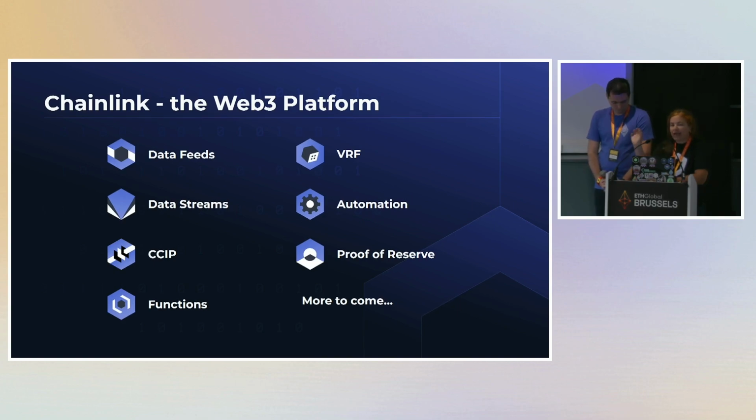If that event is emitted, then some function is executed. And also, we have Chainlink Functions, with which you can call any external API, even if you have secrets. You write JavaScript code inside your smart contract, call that API, and have the information inside your smart contract as well.